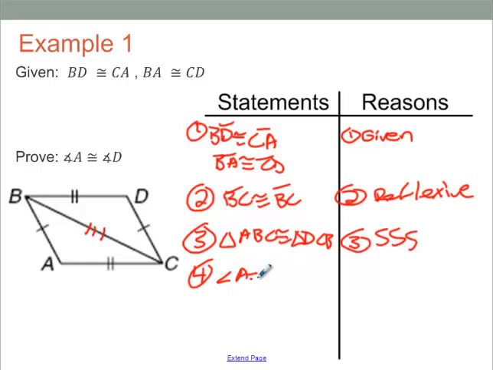So if we're not there yet, you got to keep working, but we're going to be done right now. And the reason that those 2 are congruent is because these 2 triangles are congruent. Because they're congruent, each individual part of these triangles are congruent as well. So angle A is congruent to angle D, and that's because of CPCTC.